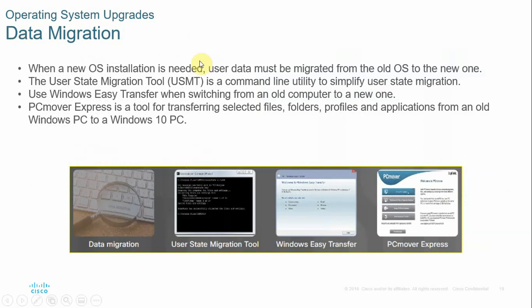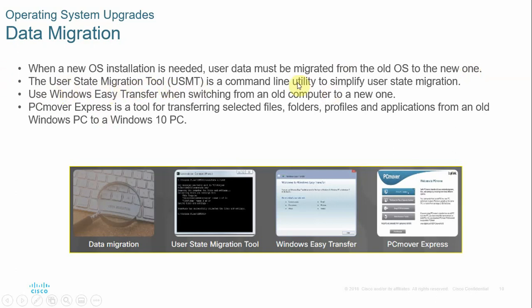When you are upgrading your operating system, you have to do data migration. For example, if you had files in 8.1, 8 or 7, you need to migrate them to Windows 10. For that, we go for data migration. When a new OS installation is needed, user data must be migrated from the old OS to the new OS. For that, we use the User State Migration Tool from Microsoft.